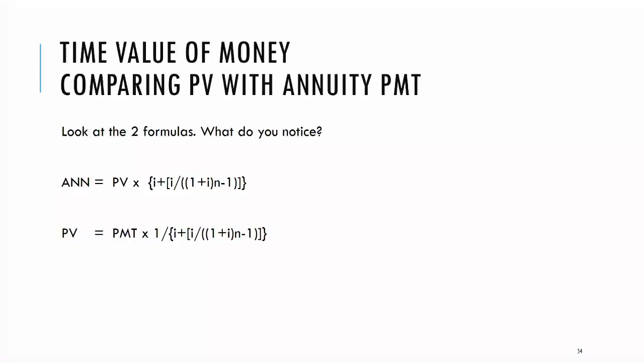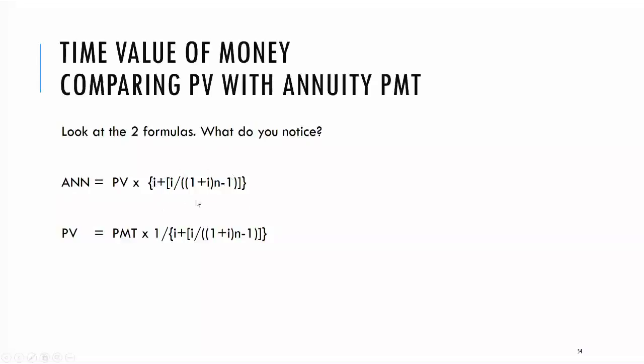All right. Comparing present value with annuity payment formulas. Look at those two formulas. Any similarities? Annuity equals present value multiplied by a factor.